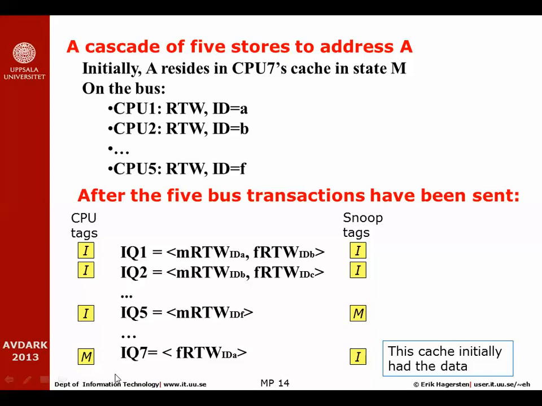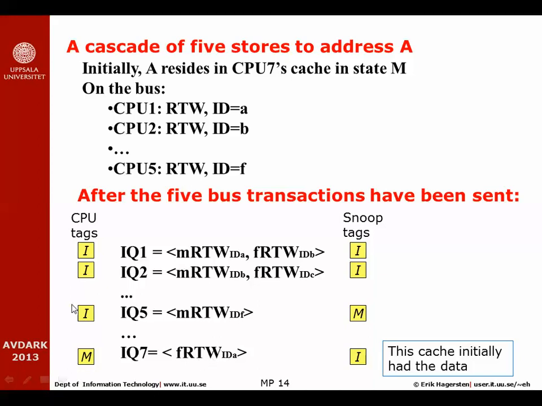It still has write access to this cache line, even though we have seen 5 read-to-write requests on the bus. And the reason it still has the right to write is that the foreign read-to-write request from CPU 1 still sits in its input queue. It has not popped that transaction from the queue yet, which means it has not changed its CPU tag. So it still can happily read and write the data in its cache.